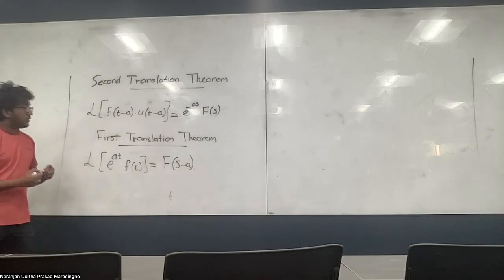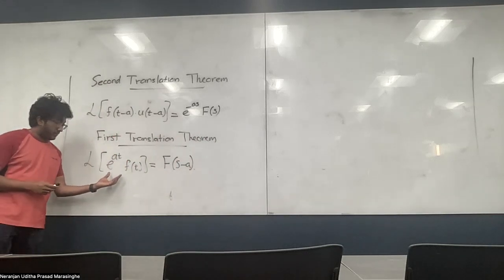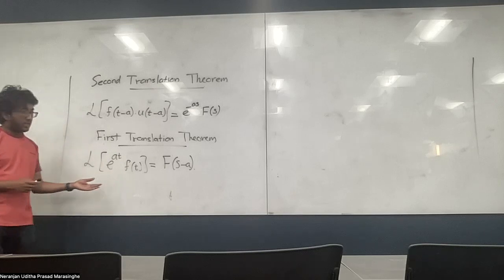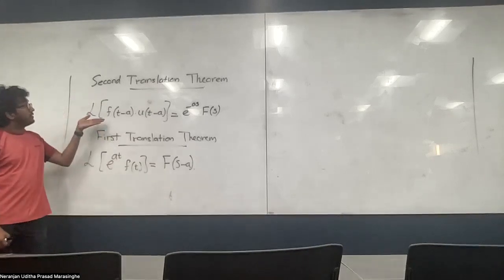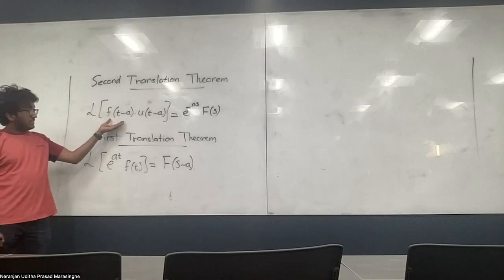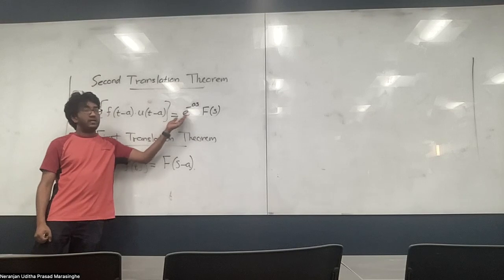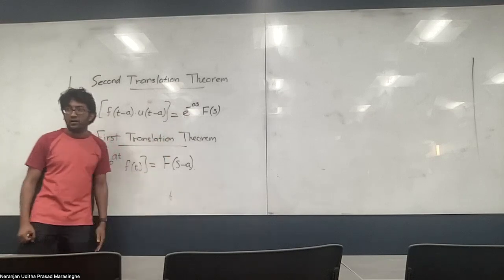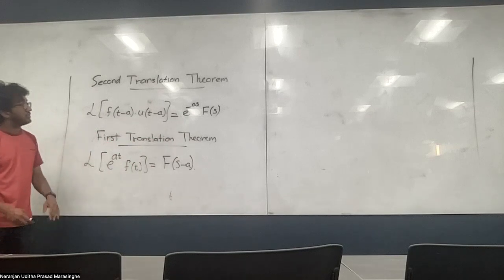So the first translation theorem says something about multiplication by an exponential in the time domain, and that would result in translation in the Laplace domain. In the second translation theorem, translation in the time domain results in multiplication by an exponential in the Laplace domain. These two are very important, very powerful tools, right?